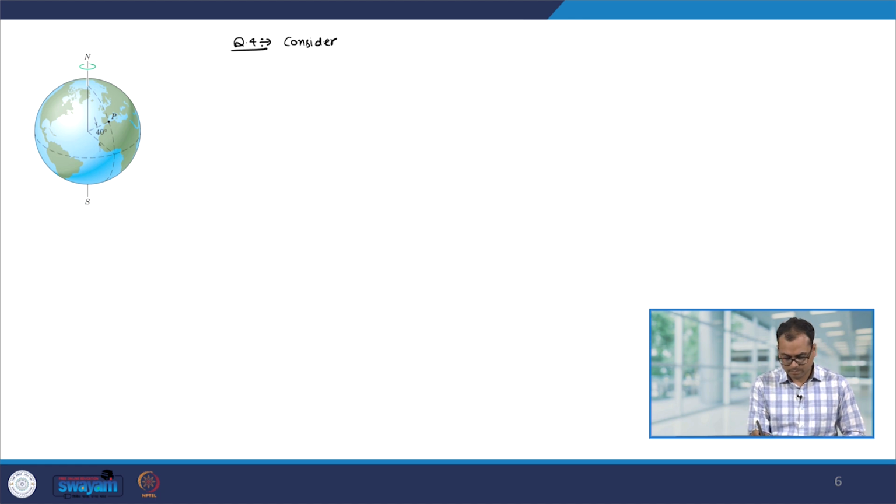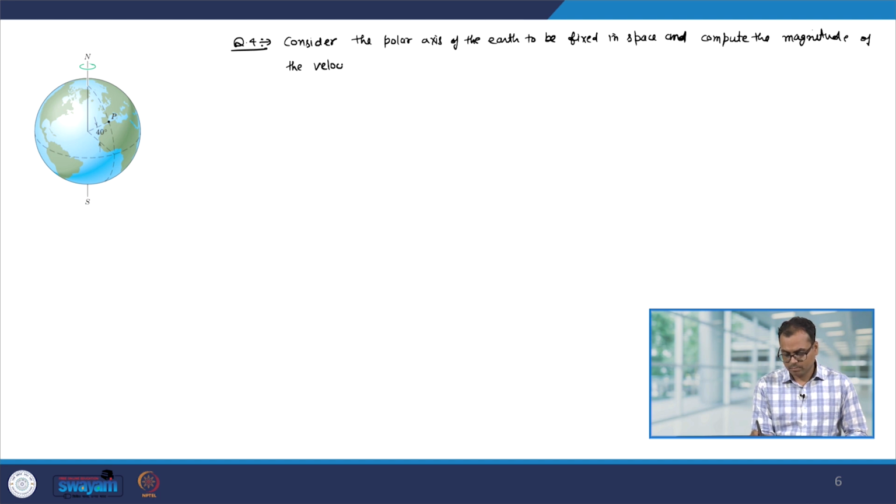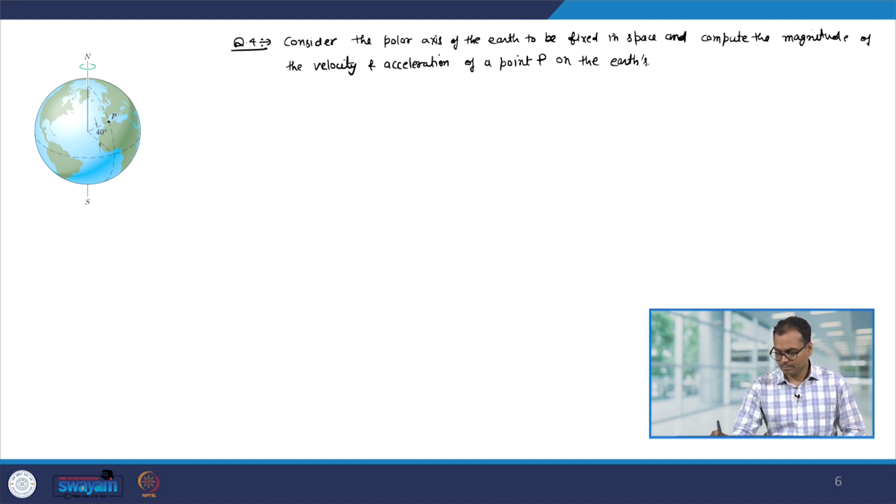Consider the polar axis of the earth to be fixed in space and compute the magnitude of the velocity and acceleration of a point P on the earth's surface at latitude 40 degree north.